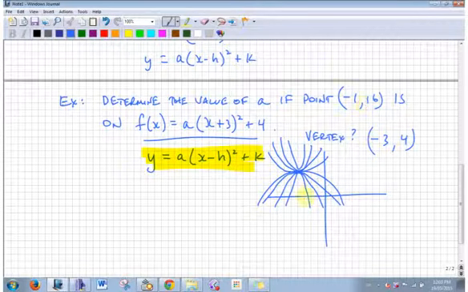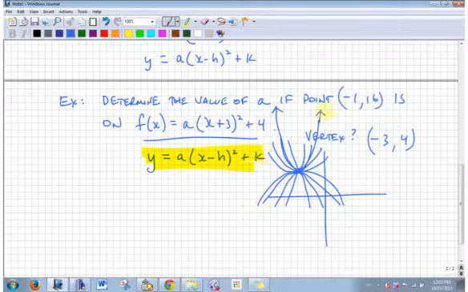What is A? Only one of these points, negative 1 and 16, is on this parabola exactly. That guy right there. That's the only one where that point is on. All the other ones miss that point.